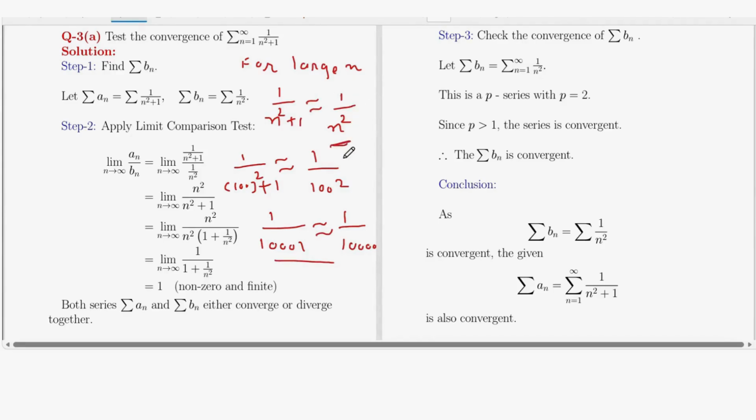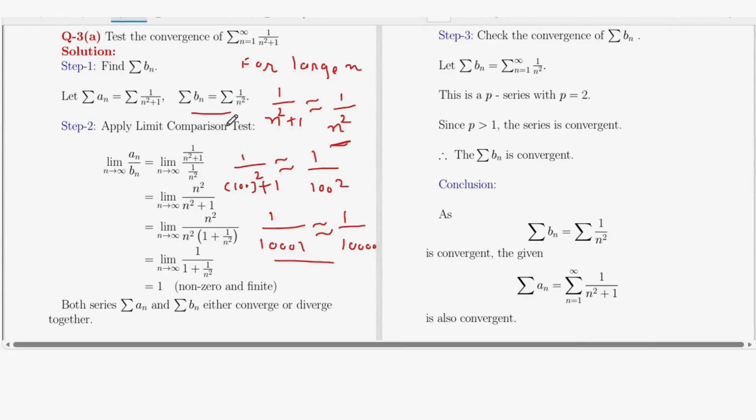That's why this one is my BN series. So we assume BN series is 1 upon n square, and as we discussed earlier, this one is a P series. Right? So for BN series we have found a series whose convergence we can easily find. BN series should be either a P series or a geometric series, that we already discussed earlier.